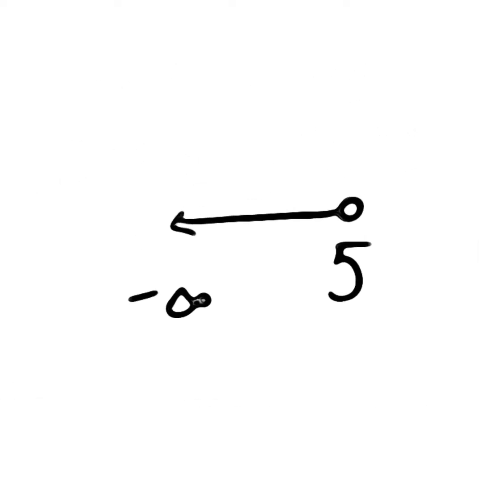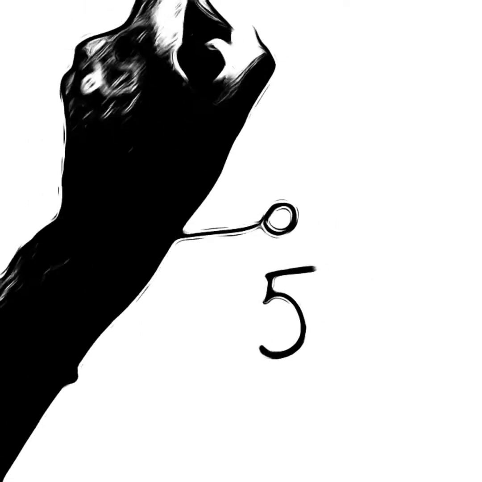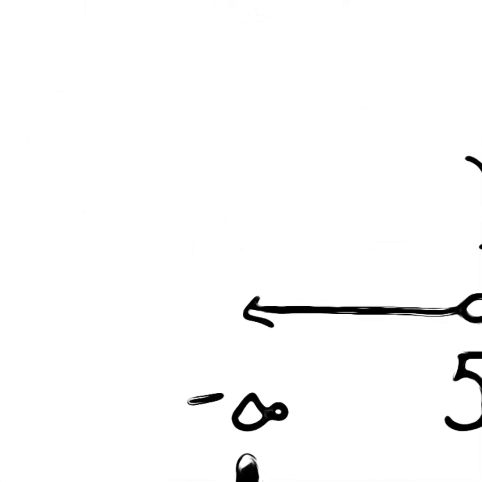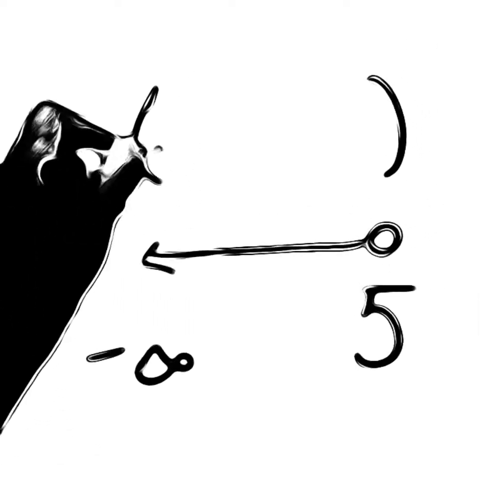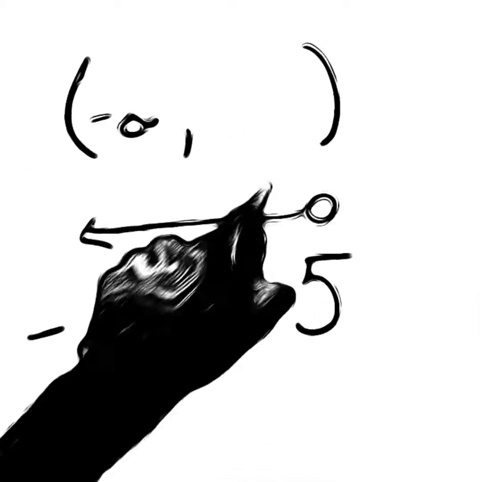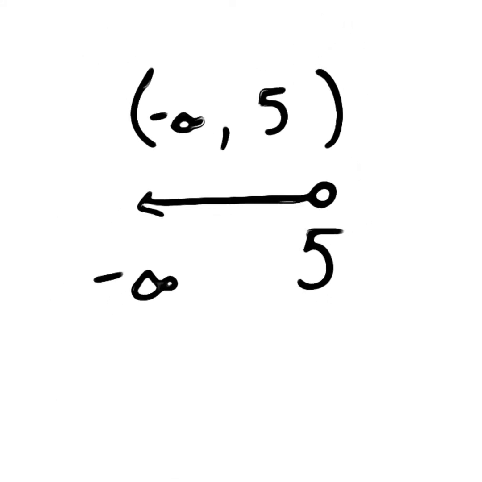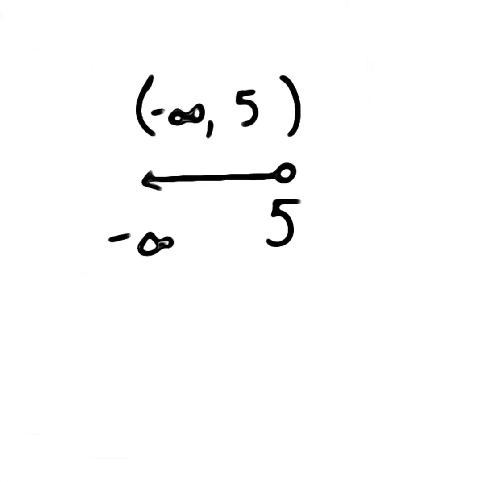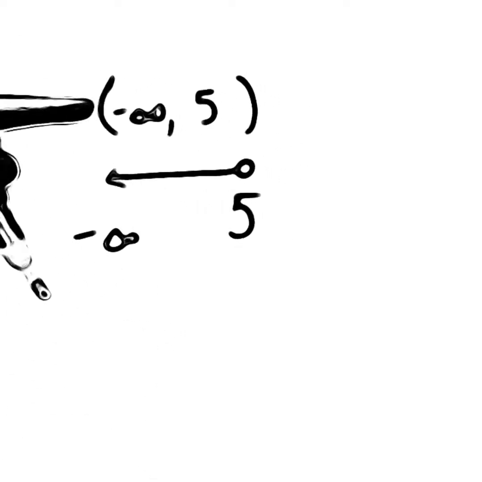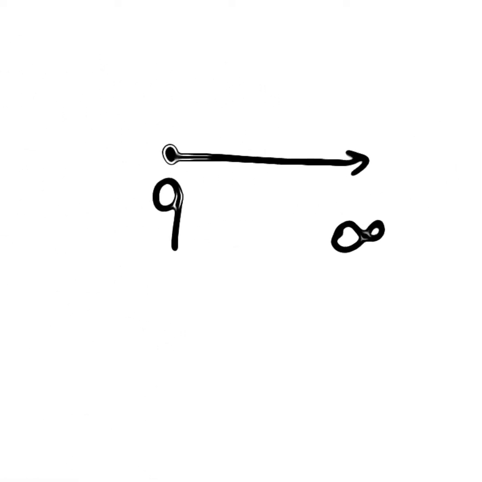All right, so interval notation. Open circles use parentheses. Infinity uses parentheses. And I put this one here, negative infinity, and that one here. Let me correct that so you can read it. So there it is. Interval notation, number line.